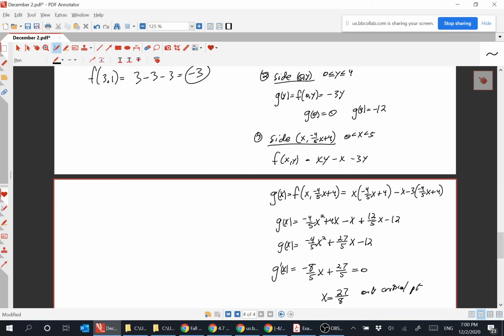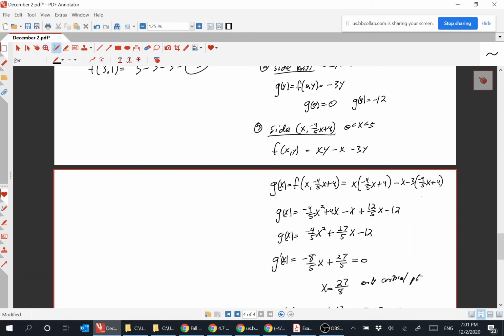So x times y minus x minus 3y. So that's minus 12 plus 12/5 x plus 3x. So 15 plus 12 is 27 over 5. But that's an upside down parabola, so that should be more of a max value.